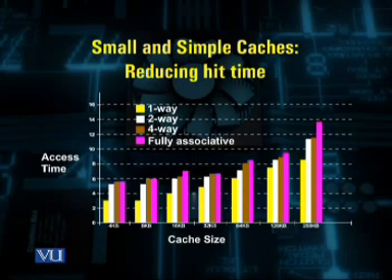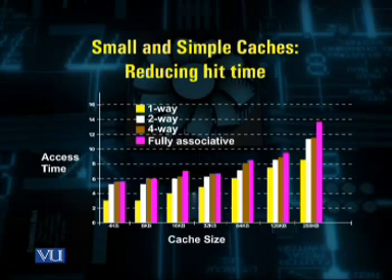Here you can see that the data used in this graph is for 0.8 micron feature size, single read-write port, 32-bit address, 64-bit output, and 32-byte blocks, for cache sizes ranging from 4 KB to 256 KB.